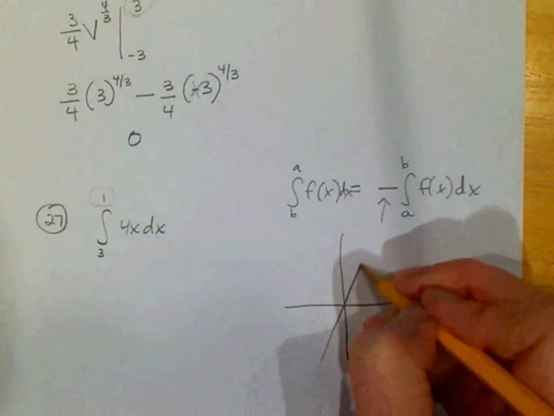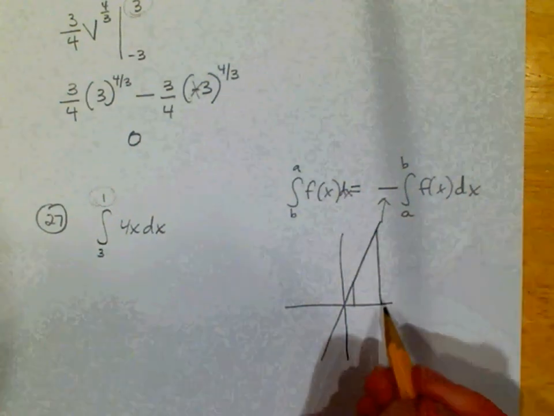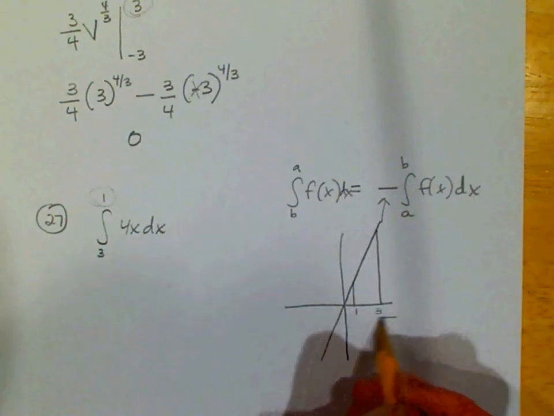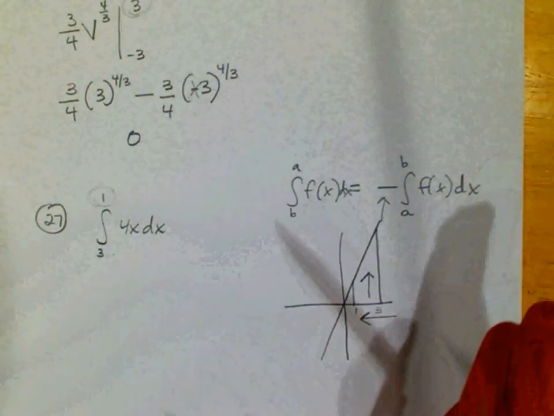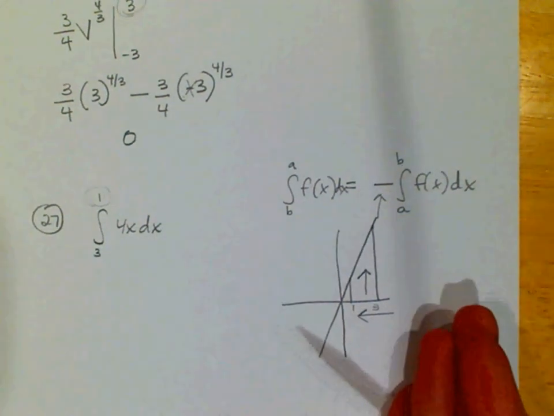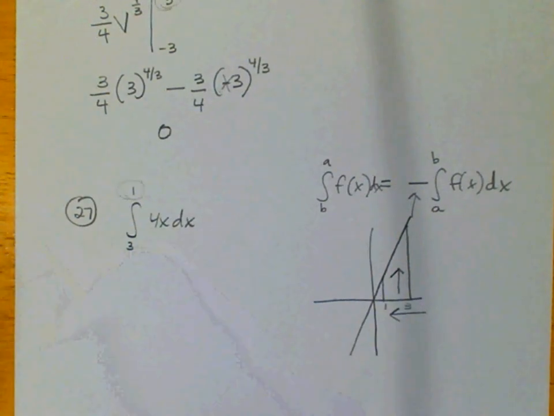So geometrically, if I were to just think about what this would look like real fast, I again have a trapezoid, but now I'm going from 3 to 1, so I'm going left and up. So my final answer needs to be a negative. So let's see if I get a negative this way just by using the first fundamental theorem. Take the antiderivative.